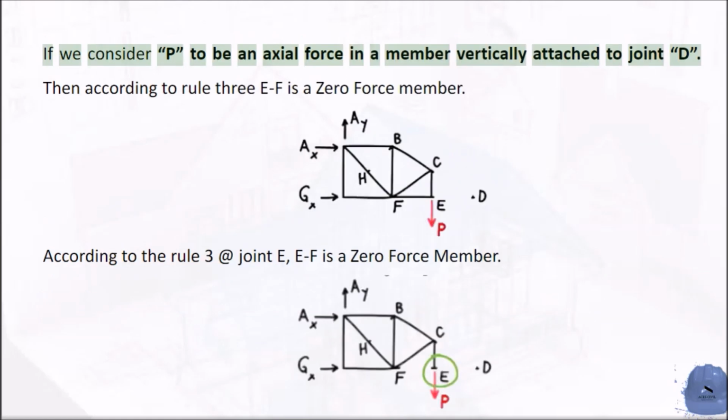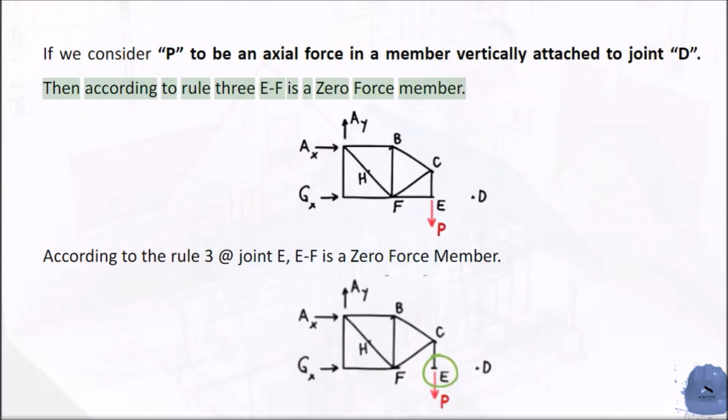If we consider P to be an axial force in a member vertically attached to joint D, then according to Rule 3, at joint E, EF is a zero force member.